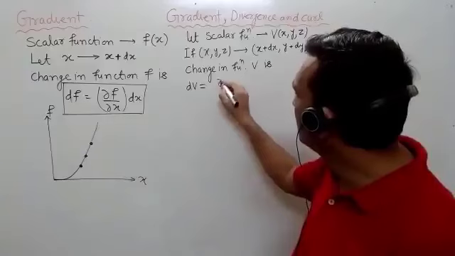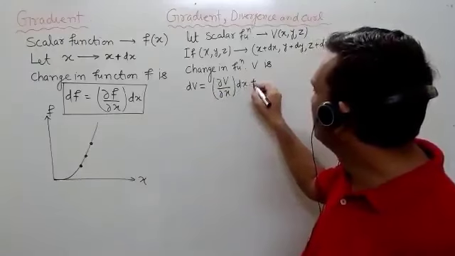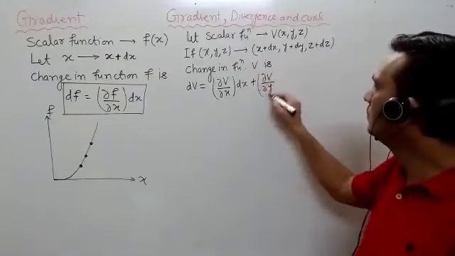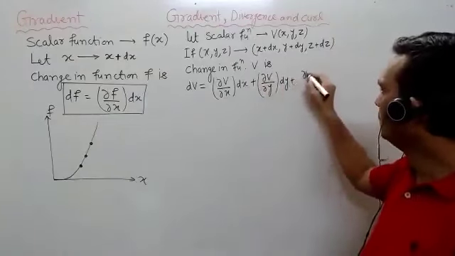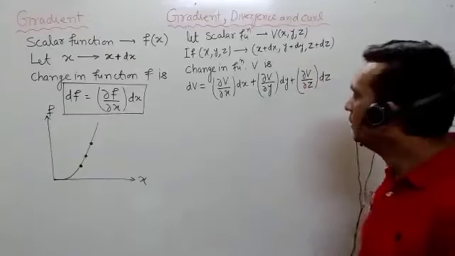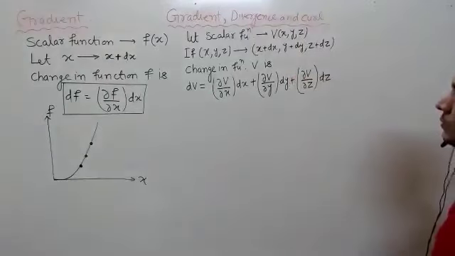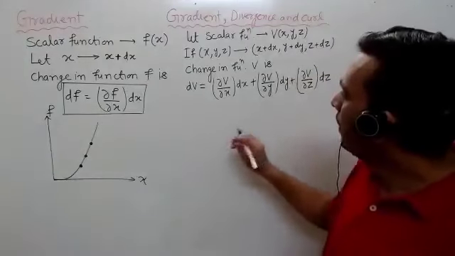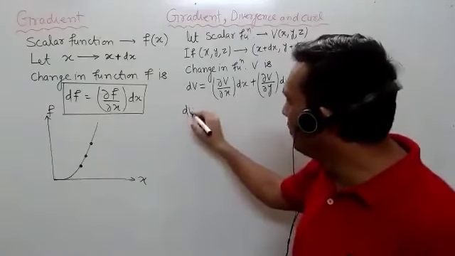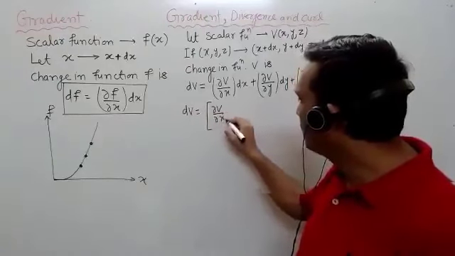So that dv, mathematically you can write in this form. This is the change in function v. Now we can rewrite this equation in another form. This dv can also be written in this form: take the dot product of two terms.